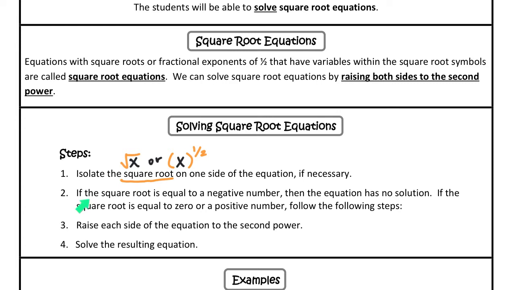Step 2, if the square root is equal to a negative number, then the equation has no solution. So keep that in mind.